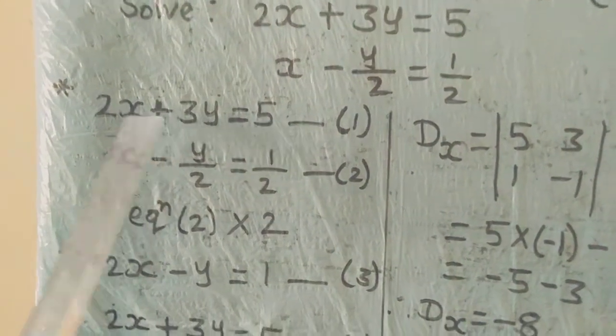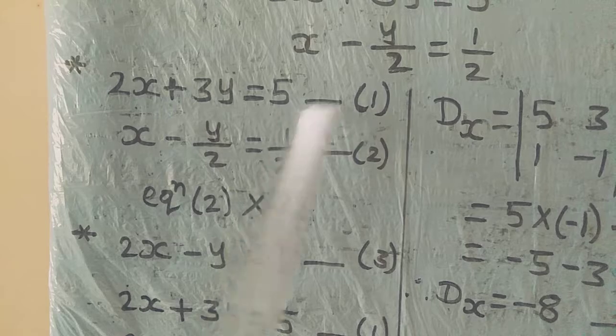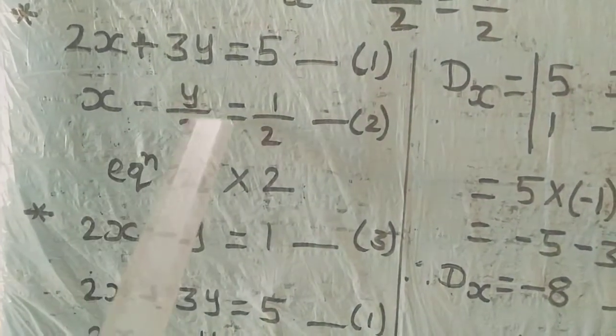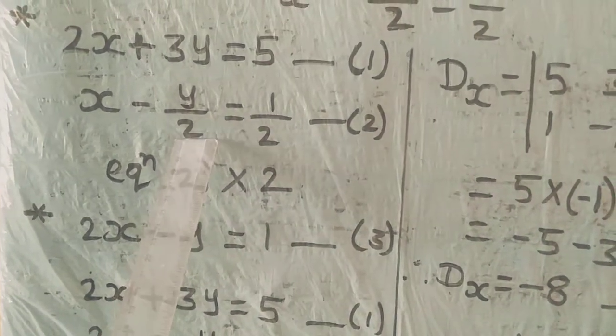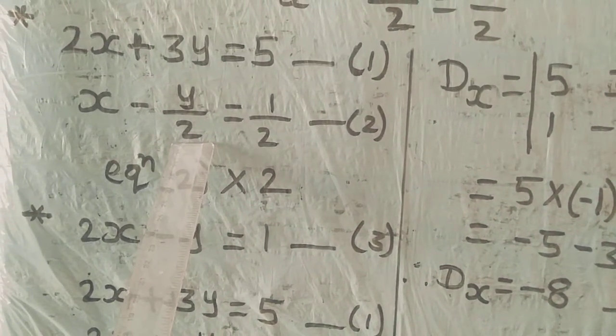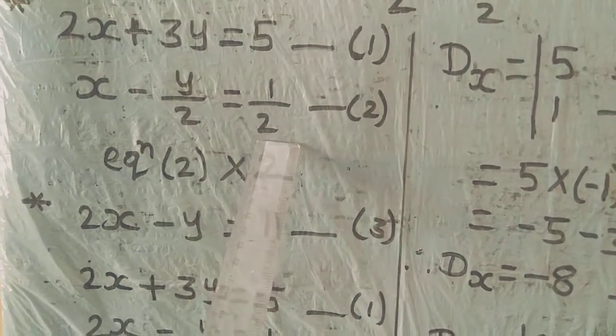So come on to our problem. 2x plus 3y is equal to 5. This equation is in standard form, so write it as it is. Now x minus y upon 2 is equal to 1 upon 2. It has denominator 2.